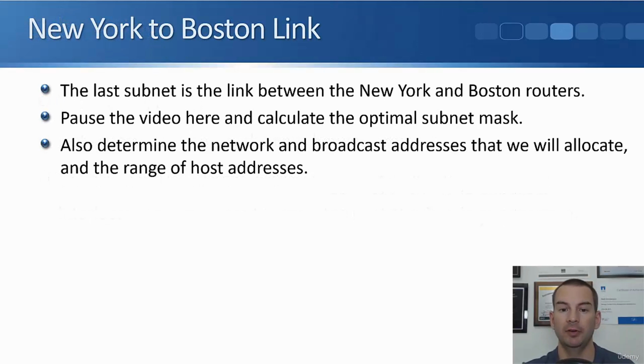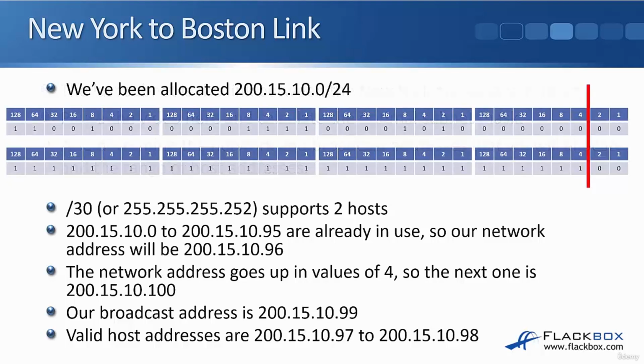Okay, so that last subnet, the link between the New York and Boston routers. So let's do the same thing again. Pause the video, determine the optimal subnet mask and the network, broadcast addresses, and the host addresses that we're going to use. So pause the video and I'll see you back with the answer. Okay, so we want to support 2 hosts.